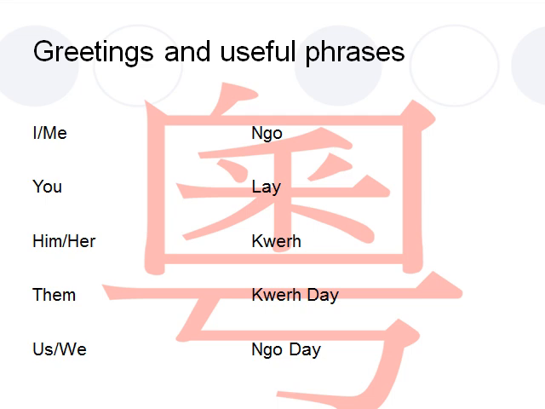Now for them, we would say 佢哋. So they is more of a plural form of him and her. This is again different from Mandarin or the written language.